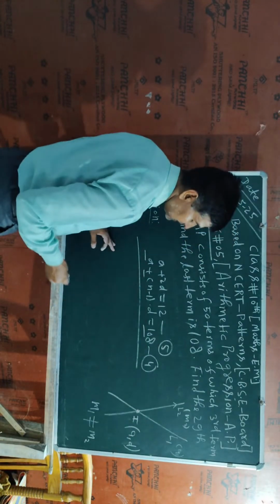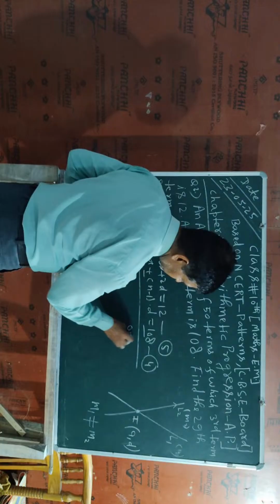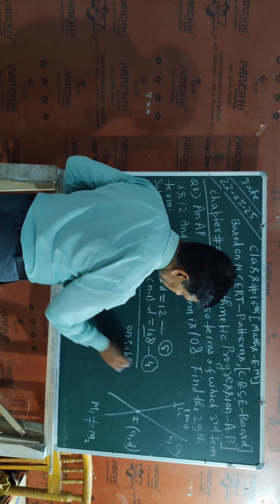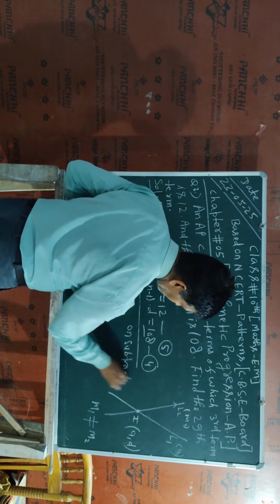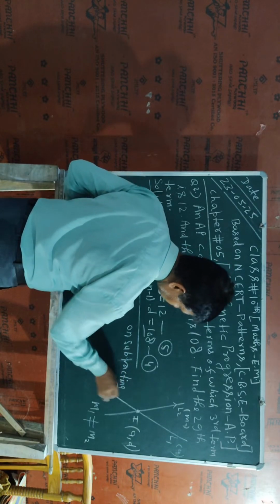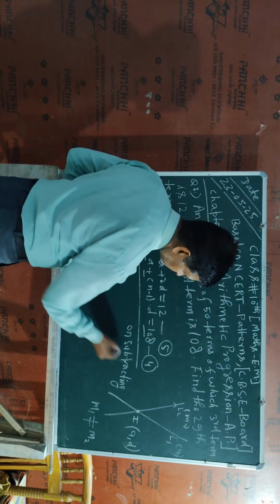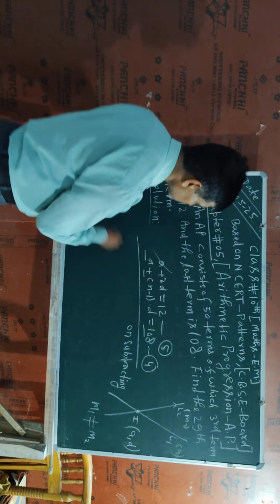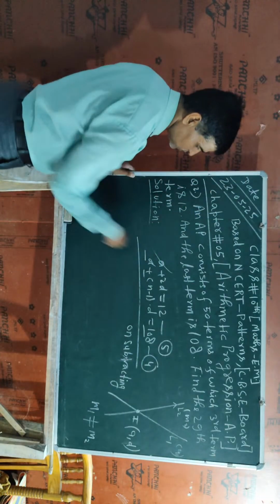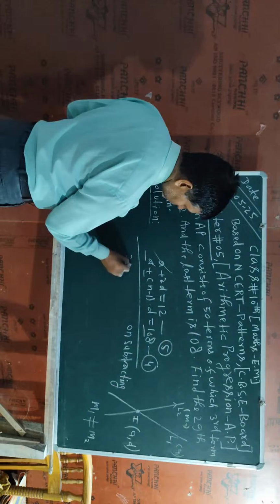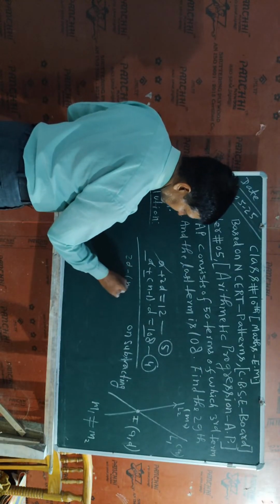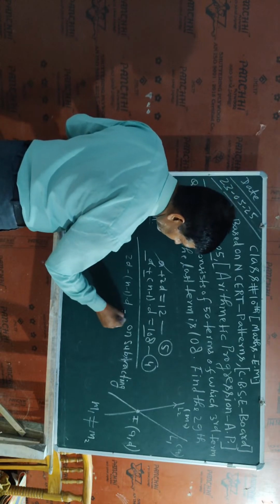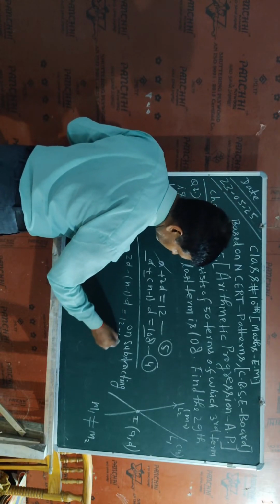So in the elimination method, on subtracting, the sign will change here. So plus a minus a will cancel out. Here I will put 2d minus, in the bracket, n minus 1 into d, which is equal to 12 minus 108.